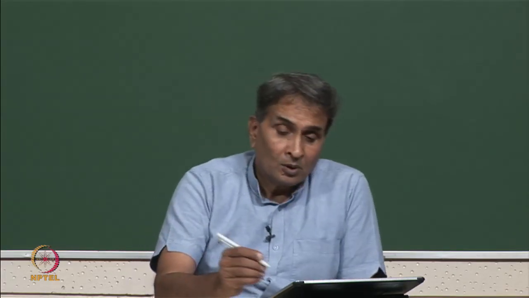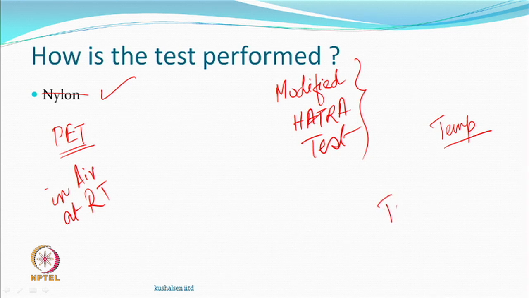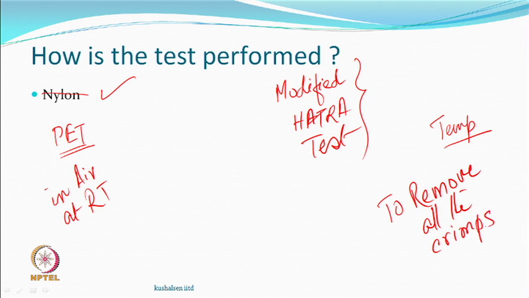And so, to remove all the crimps, you needed more stress. So, instead of 0.1 grams per denier, it was suggested that you can do 0.2 grams per denier. It is very low again, it is not a very high stress, but it is double the previous one.